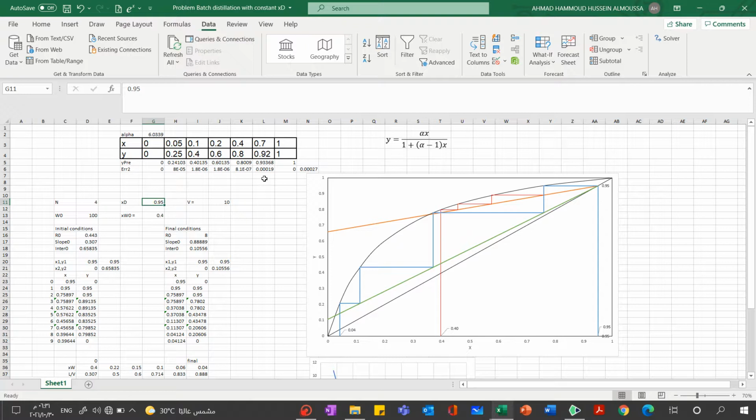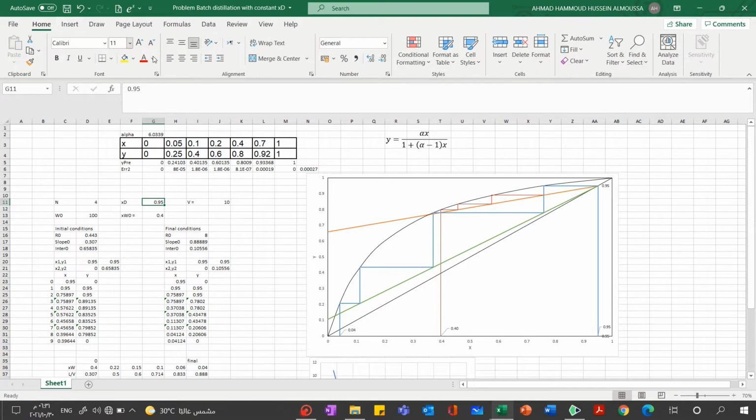You must put the value here, because the code will use this value and this value, also this value and this value. So make sure you put the values that are in yellow, so that all of this will appear for you.